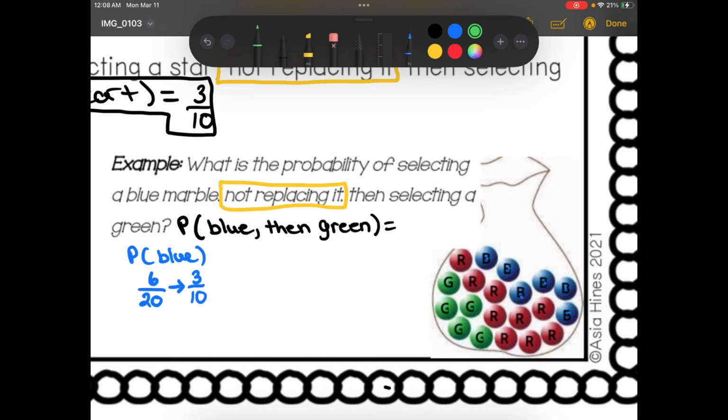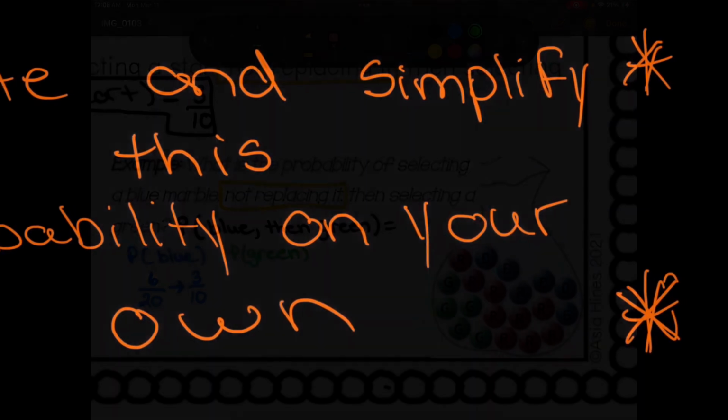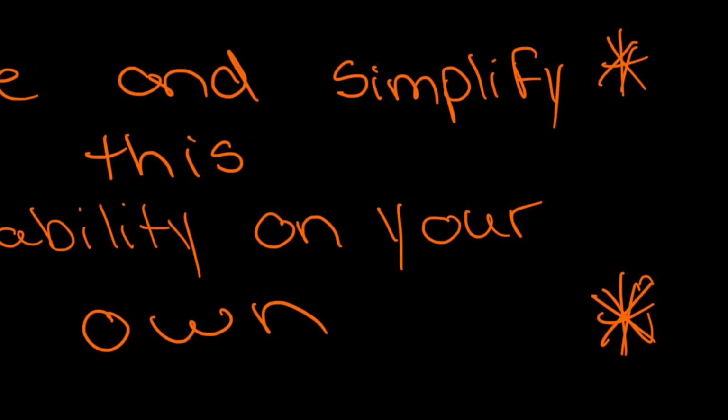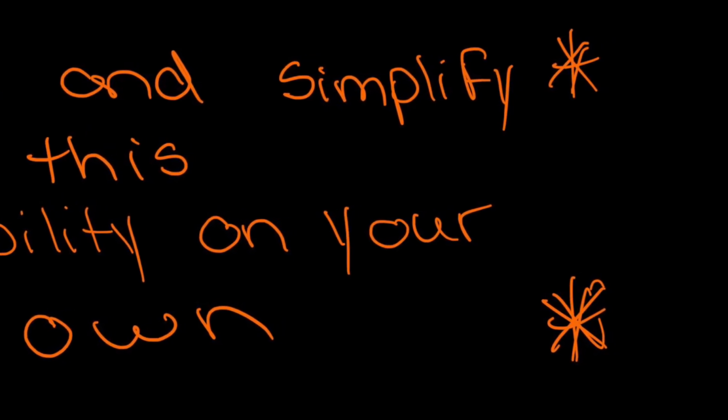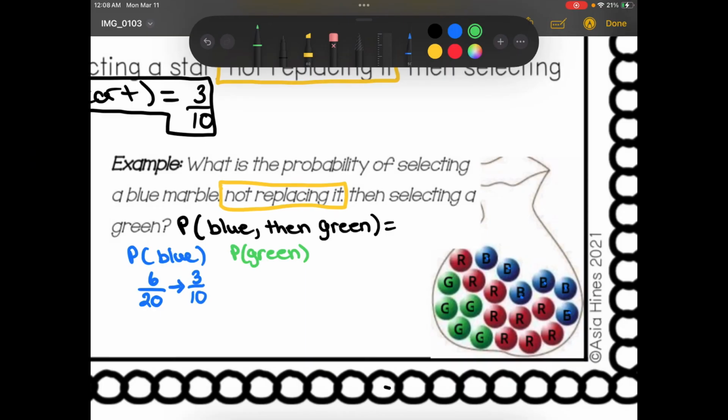Now we need to find the probability of getting a green. So let's count. 1, 2, 3, 4, 5. That's 5 out of how many? Was the blue marble replaced when we pulled the blue marble?